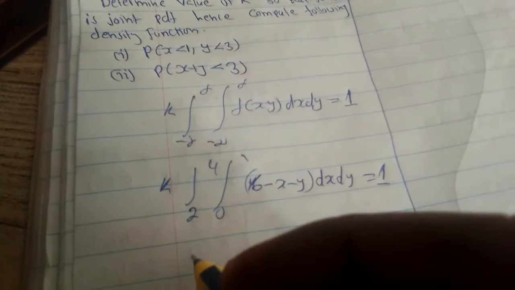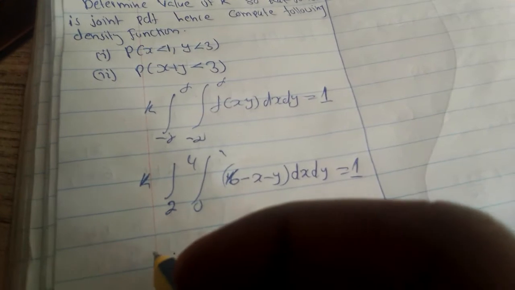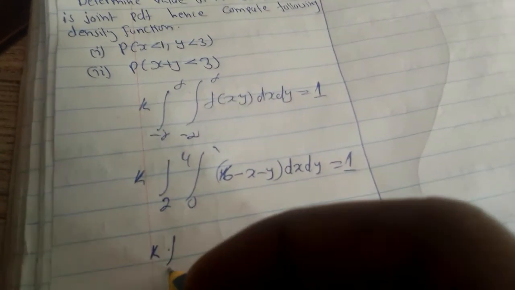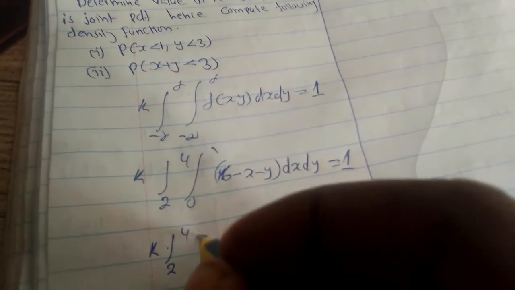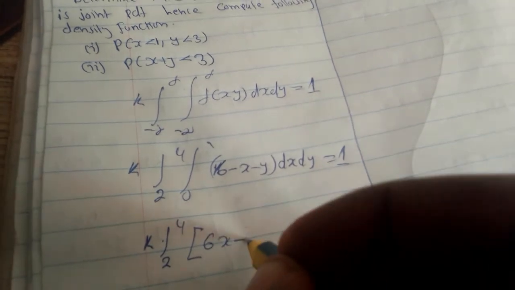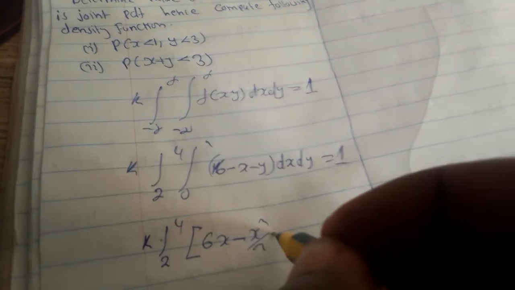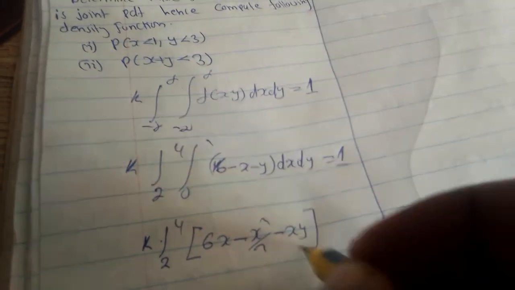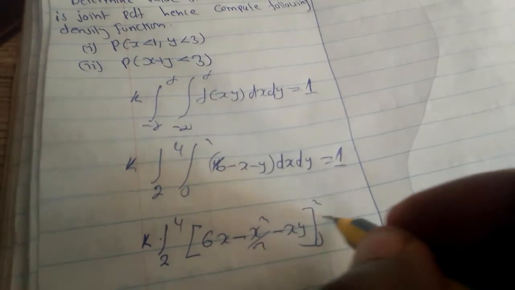When we integrate this one, we are going to get k from 2 to 4 of 6x minus x squared over 2 minus xy from 0 to 2 should be equal to 1.